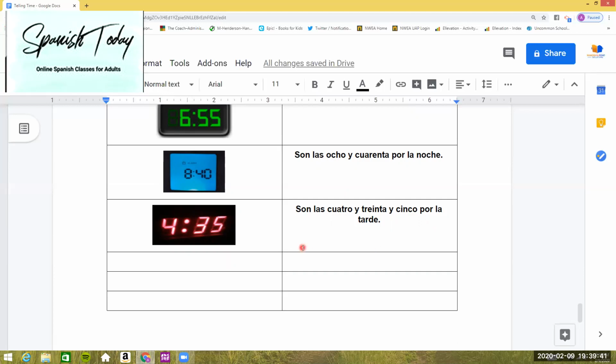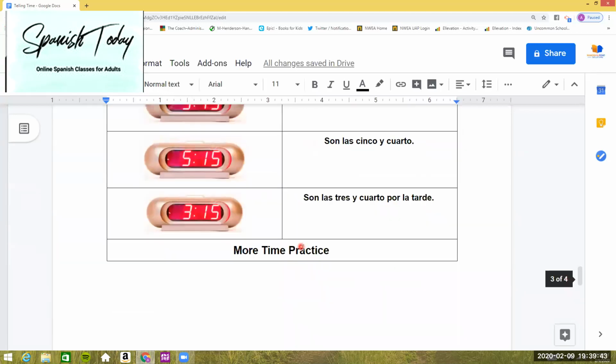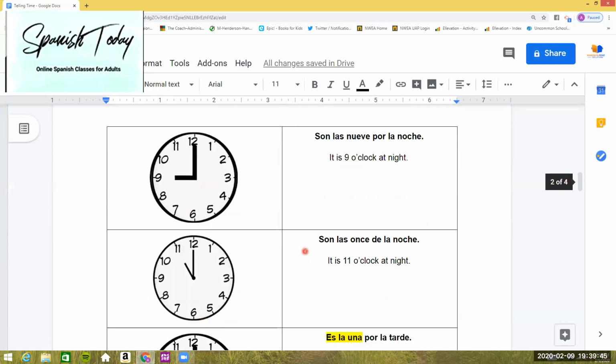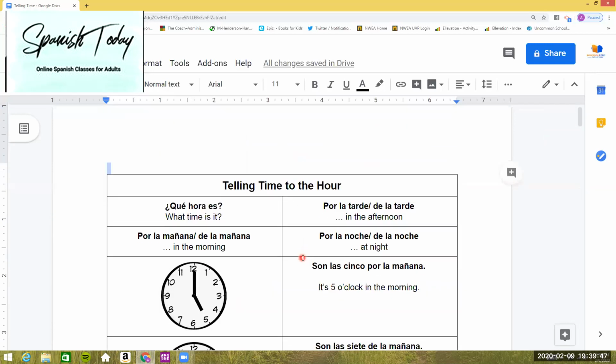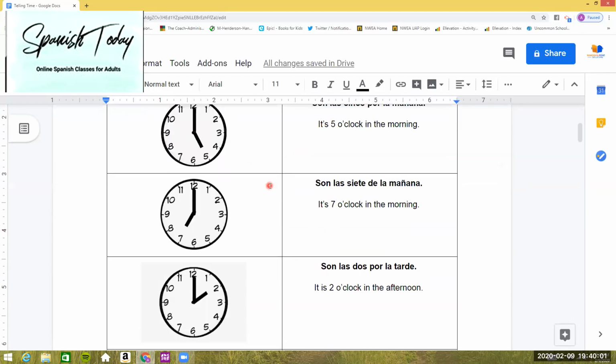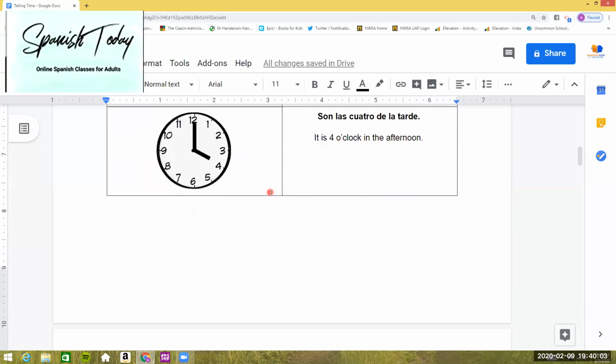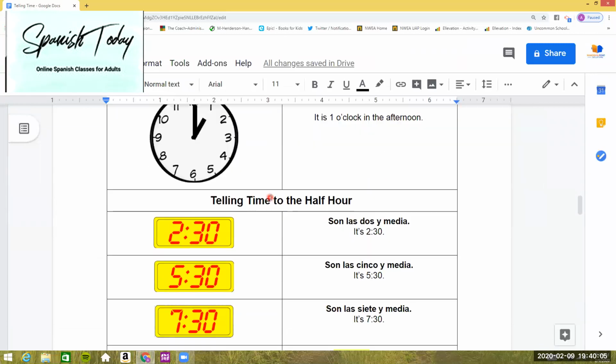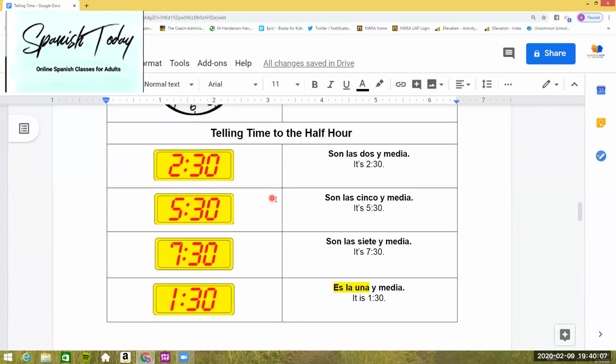Okay, so oh my gosh, you did a lot today. Let's see. So you told time to the hour. We explored the question, ¿qué hora es? And we also practiced using the time of day, adding that to our time. Then you also told time to the half hour.